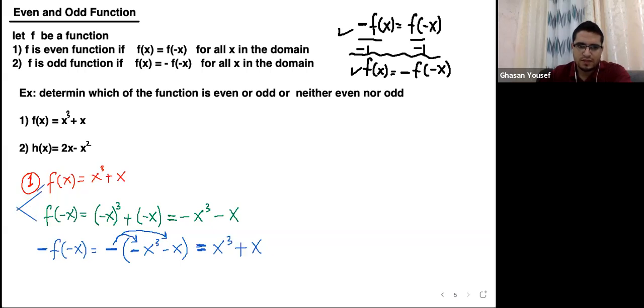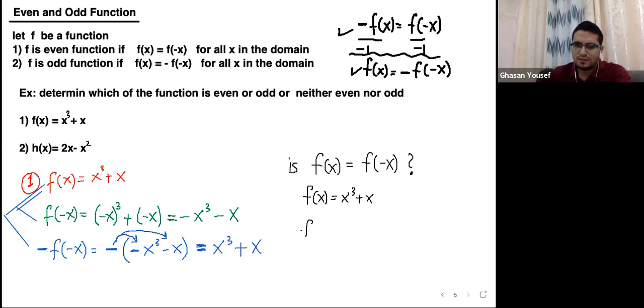Ask yourself, is f of x equal to f of minus x? f of x equals x cubed plus x, and f of minus x is here, minus x cubed minus x.